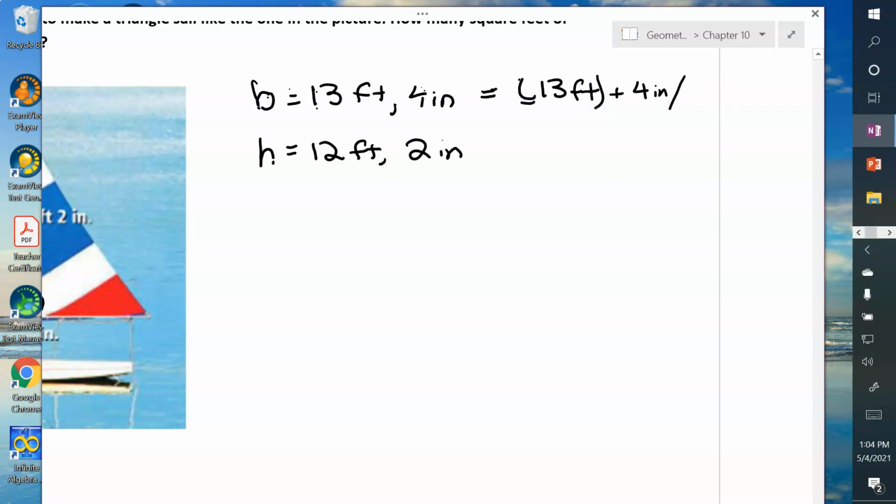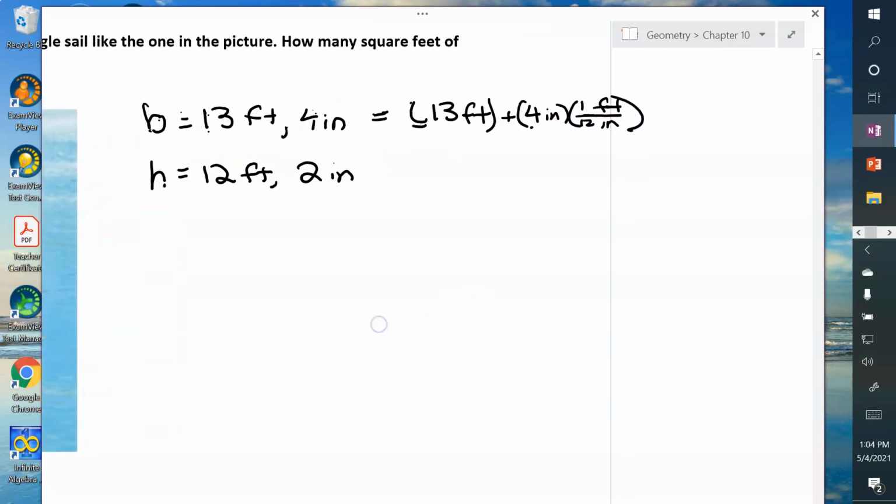My conversion factor is I have 12 inches in a foot. I want feet here, so I'm going to put inches there. 1 foot is 12 inches. So when I calculate this, I get 13 feet plus 4 over 12, so I get 13.33 feet.